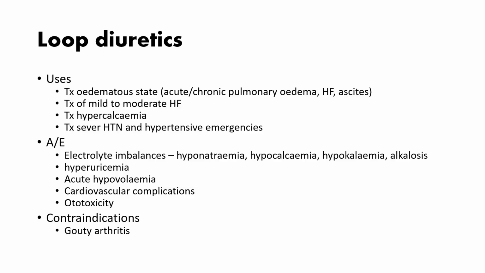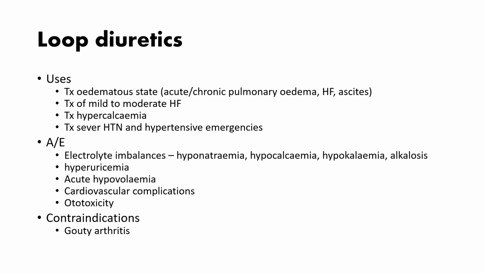Right, so let's discuss the major applications of loop diuretics. So first of all, they are primarily used to treat oedematous states, which basically means to treat edema of any form, any fluid buildup. So specifically, they are used for acute and chronic pulmonary edema, so edema in the lungs. I think it's usually given as IV to quickly relieve symptoms such as difficulty in breathing for these patients with pulmonary edema.